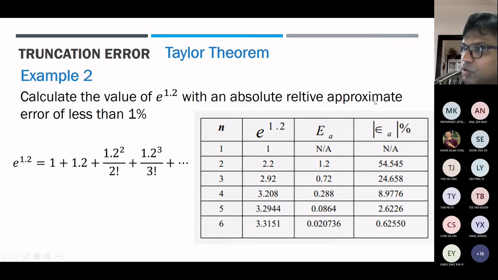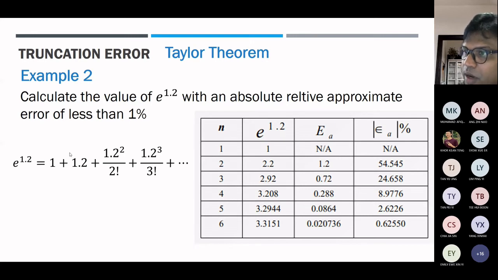So we're going to determine the absolute relative approximate error. We can easily calculate it using the same problem we used before.